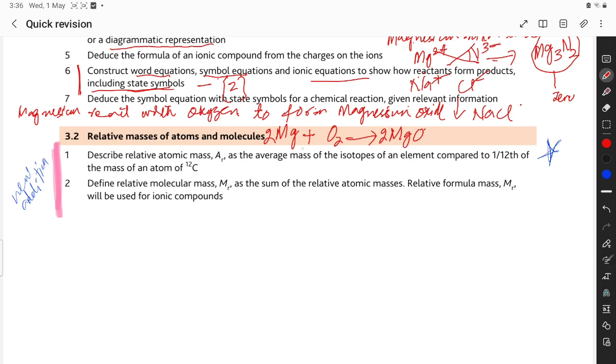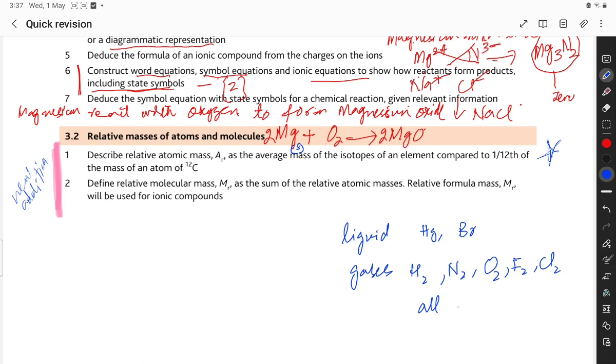If you are asked to write down state symbols, all elements exist in solid state except mercury and bromine, which are in liquid state. Only mercury and bromine are liquid, and these are the gases in the periodic table: H2, N2, O2, F2, Cl2, and all group 8 elements.